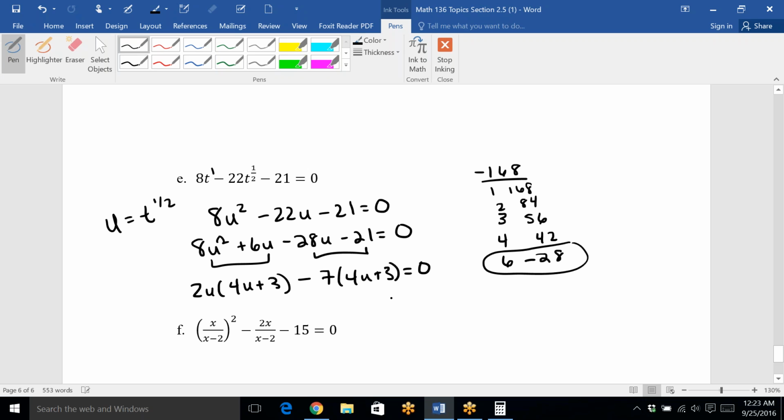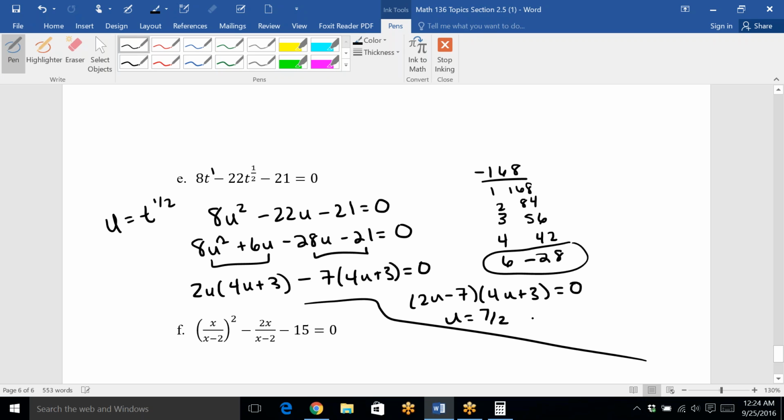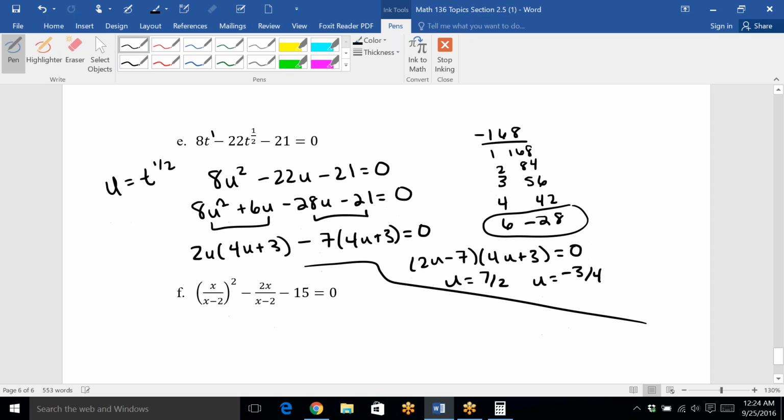So after factoring, this one would be 2u minus 7 and 4u plus 3. That gives me a u of 7/2 and a u of negative 3/4. But don't forget, this is not our final answer. We need to set that to this 1/2.